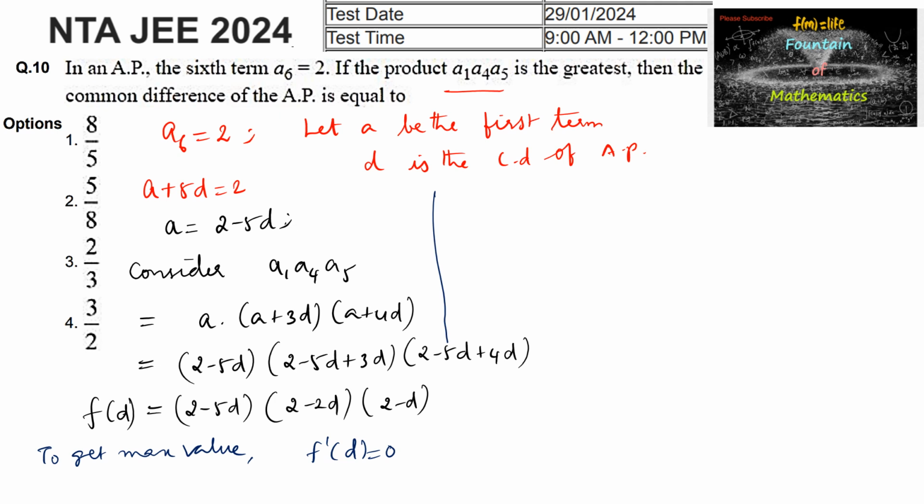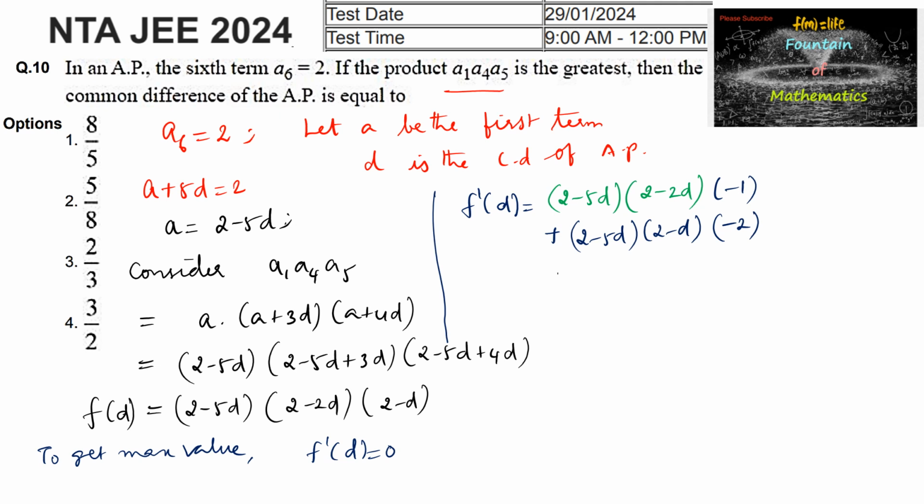So let us differentiate. f dash of D is equal to 2 minus 5D into 2 minus 2D into differentiating 2 minus D is minus 1, and again plus, now consider the second term: 2 minus 5D into the last term 2 minus D into differentiating the second term, so we'll get minus 2, plus again differentiating the first term, remaining the two terms as it is, 2 minus 2D into 2 minus D into differentiating 2 minus 5D is minus 5.